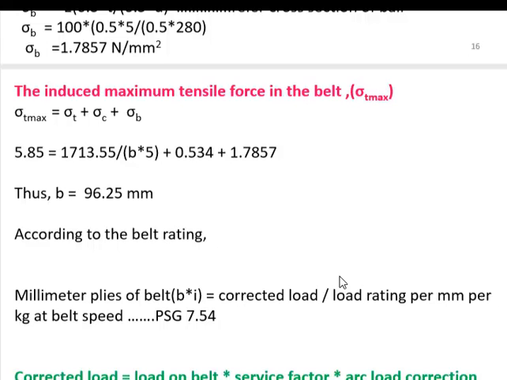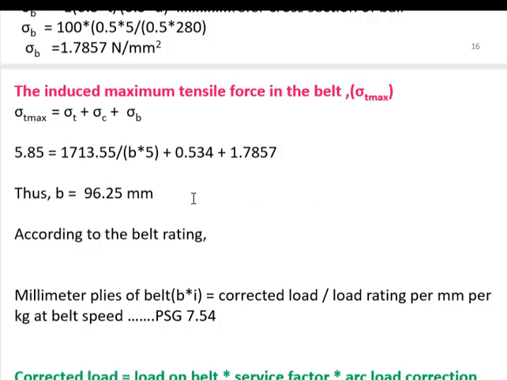Once we know both the formulas, that is induced maximum tensile stress due to endurance limit and due to induced stress in the belt, I can put up this equation and write the substituted values. B is an unknown factor, and when calculated it comes around 96.25 mm.